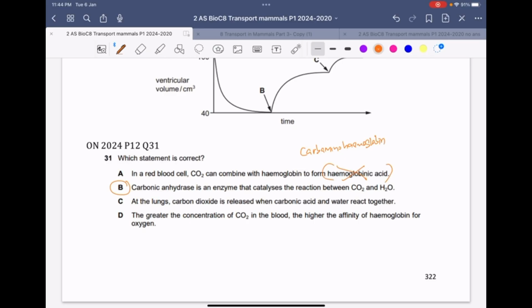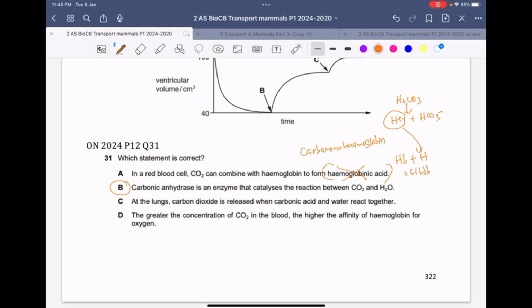So hemoglobinic acid is formed when the hemoglobin acts as a buffer to combine with the hydrogen ions, which are released from the dissociation of the carbonic acid. So you can see, right, this is the carbonic acid. So it would dissociate, become H plus and the bicarbonate ions. So later these hydrogen ions will be combined with the hemoglobin, so they will become HHb, which is the hemoglobinic acid.